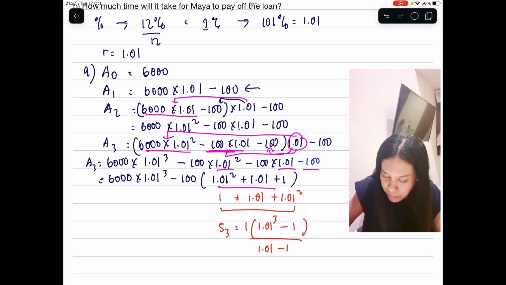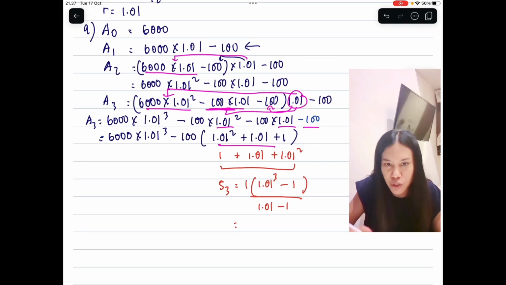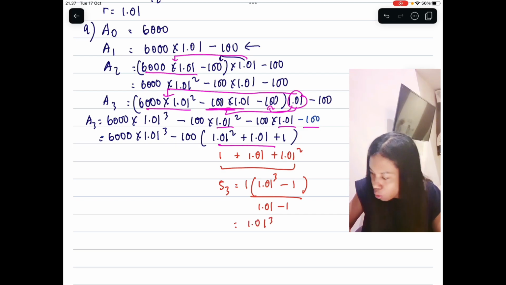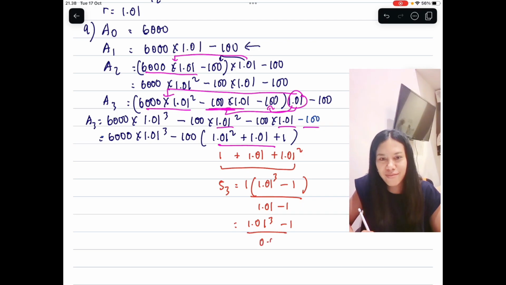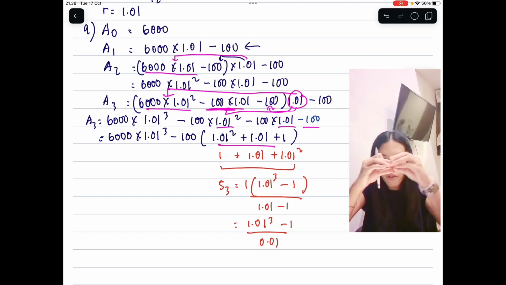I'm going to simplify. The 1 goes away, because you can leave it invisible since it's just 1. So 1.01 to the power of 3 minus 1 over 0.01. Okay, so that's the S3. Now I'm going to put everything in one line.